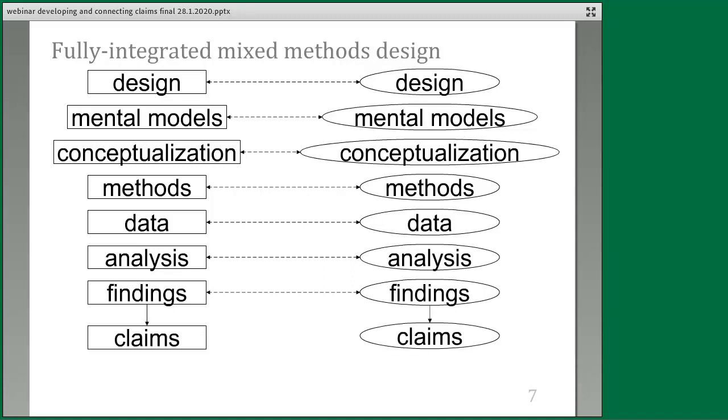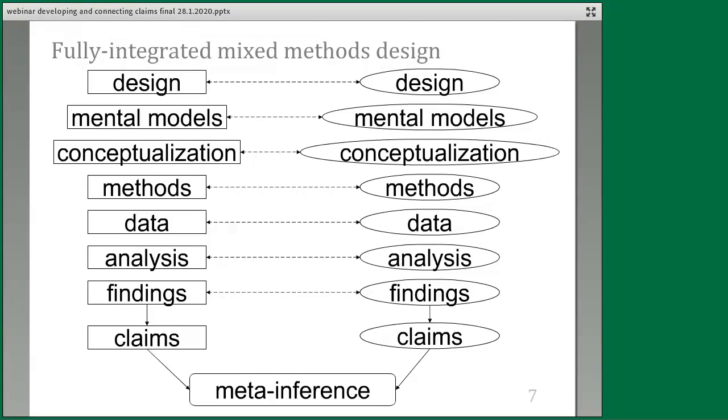And then in the end, we have claims, which are derived from both quantitative and qualitative method, data analysis, findings, conceptualizations, etc. And then in the end, we have this meta-inference. So that's how fully integrated design and meta-inferences are presented in the mixed method literature.